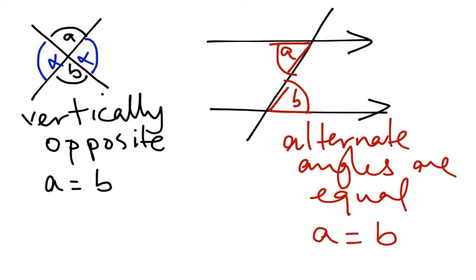The same thing happens for this side as well, because these are also alternate. If I want, I can call that C and D, and the same rule applies to say that C and D are also the same.